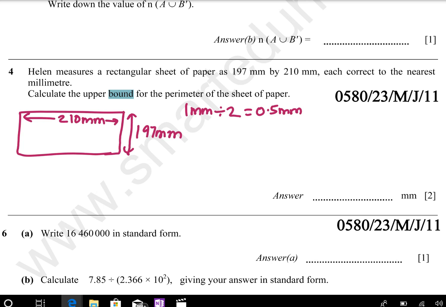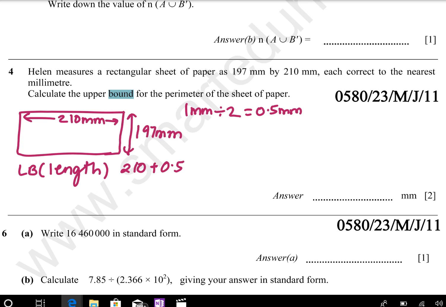So to find the bound of length, what do you do? You subtract 0.5 millimeters from 210. Sorry, that is the upper bound, so I need not subtract, I have to add.